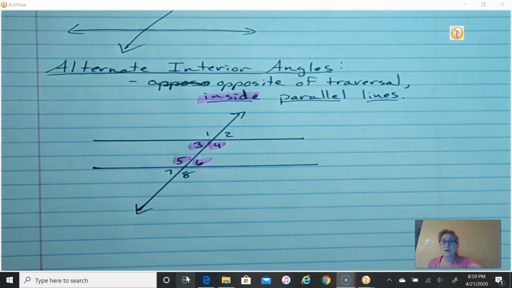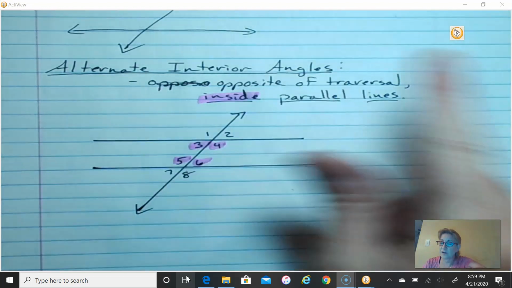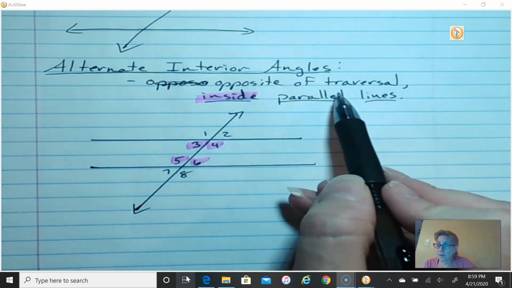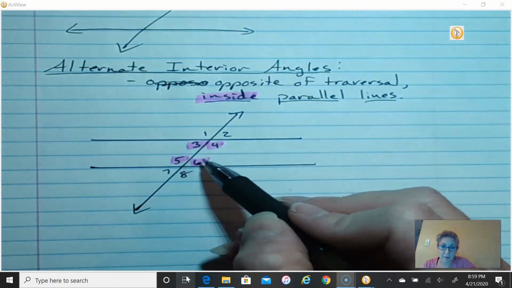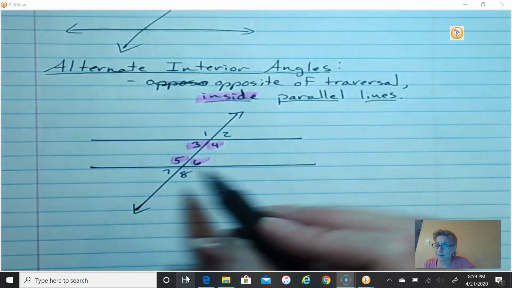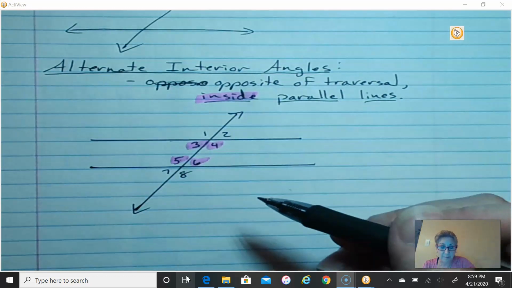Those are your alternate interior angles, okay? They're opposite of the transversal. That means they're on either side of the transversal. They're inside parallel lines. Here are your parallel lines. Notice they're inside the parallel lines.